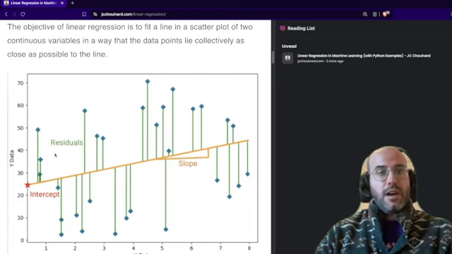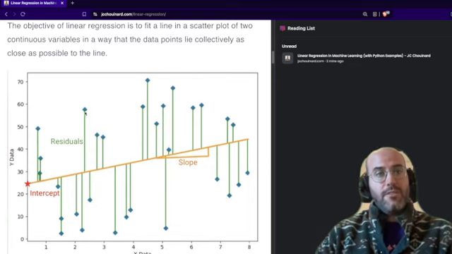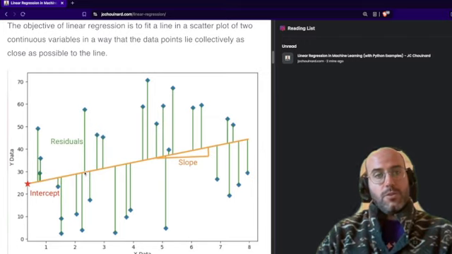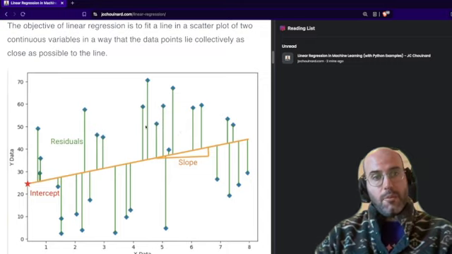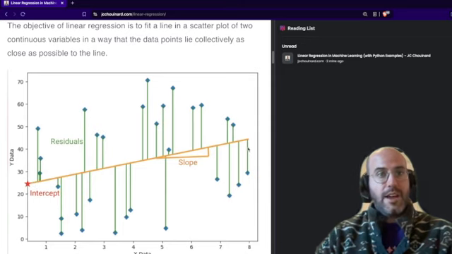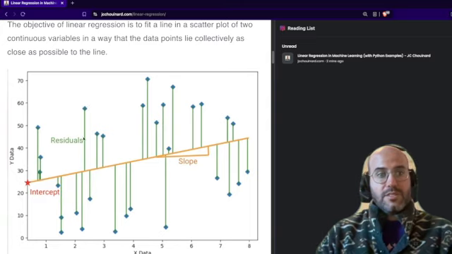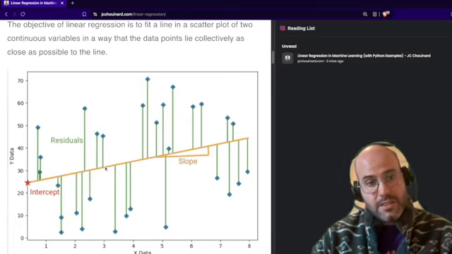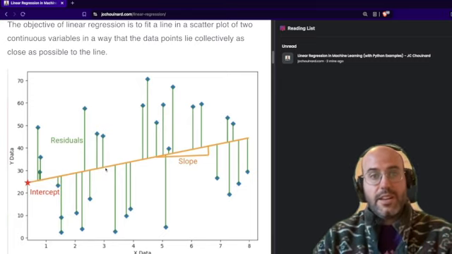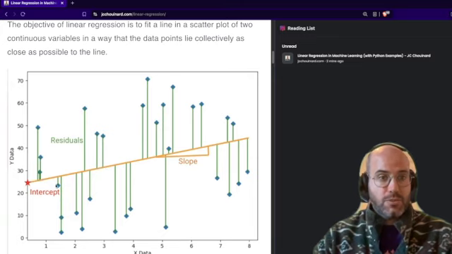And how we do this is that we have all these data points and we calculate the distance between the data point and the line in order to know how much error we have. So the line tries to minimize the error. You want all those data points collectively to be as close as possible to the line.